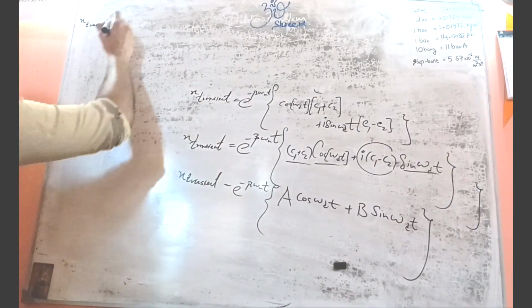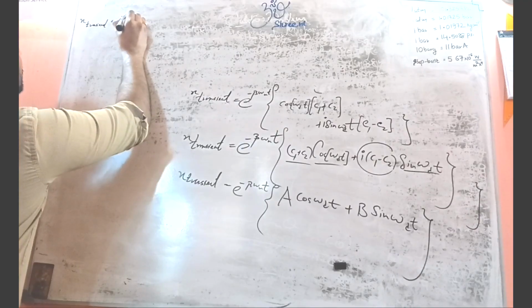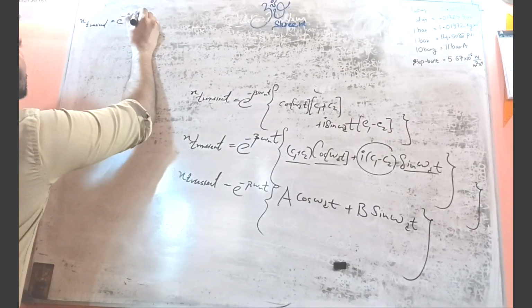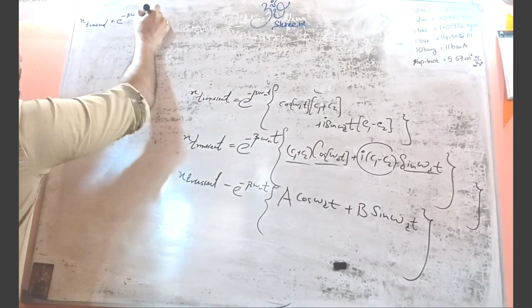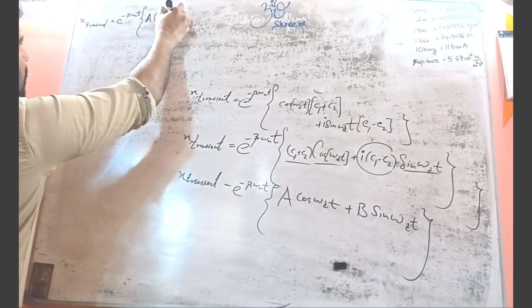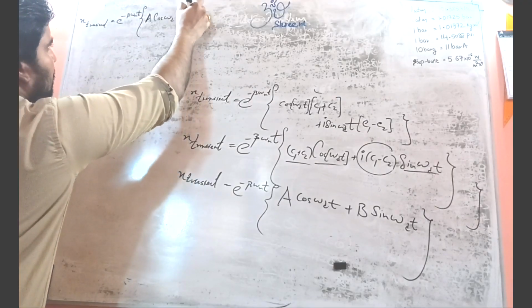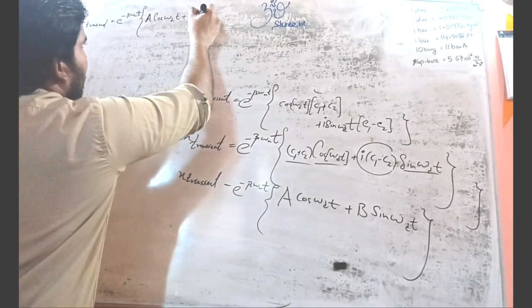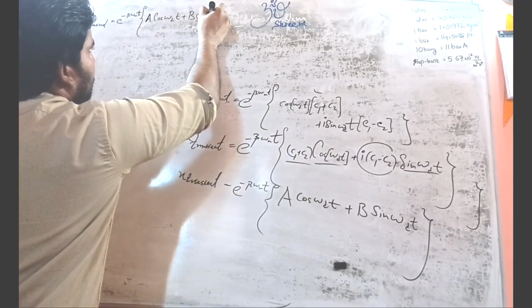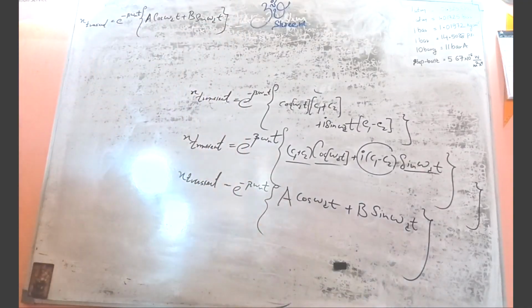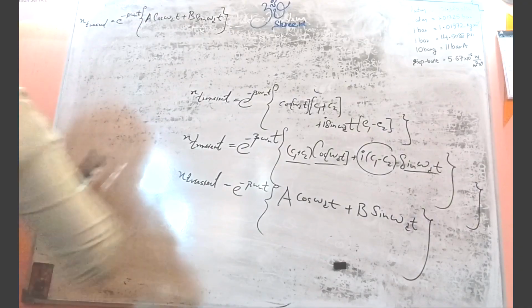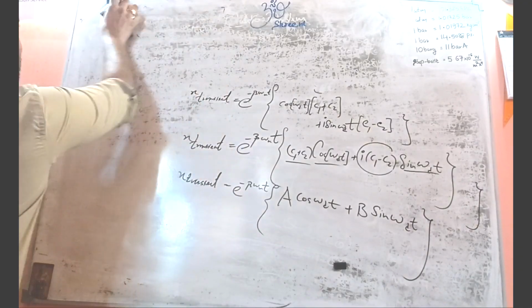We have derived that e to the power minus beta omega n times t, large brackets, A times cos omega d t plus B times sine omega d t. Seems like it's not that clear, I'll better write it again.